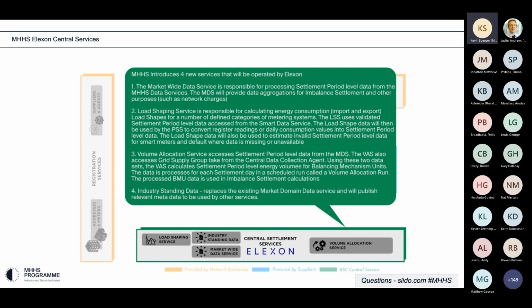It sends that data back out to the data services, which I've just talked about, and that data is then used in a number of those estimation techniques which I previously mentioned.